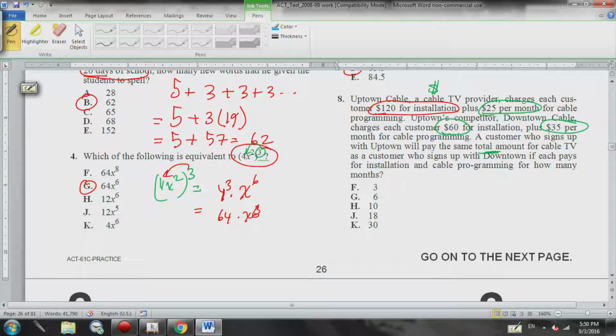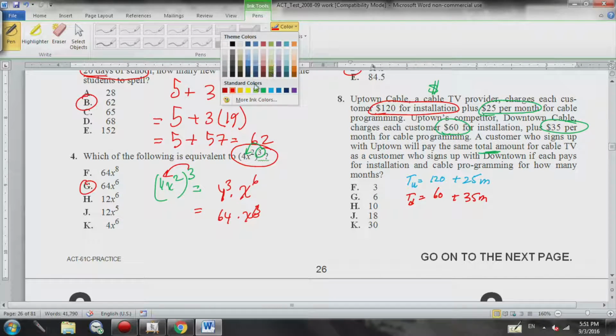For the Uptown people, the total charge is $120 upfront plus $25 per month, M is for monthly charge. And for the Downtown people, the total is going to be only $60 upfront and $35 a month. But then these people are going to catch up because they're paying higher monthly charges. So there will come a time when they will have paid equal amounts. The question is, when will that be?